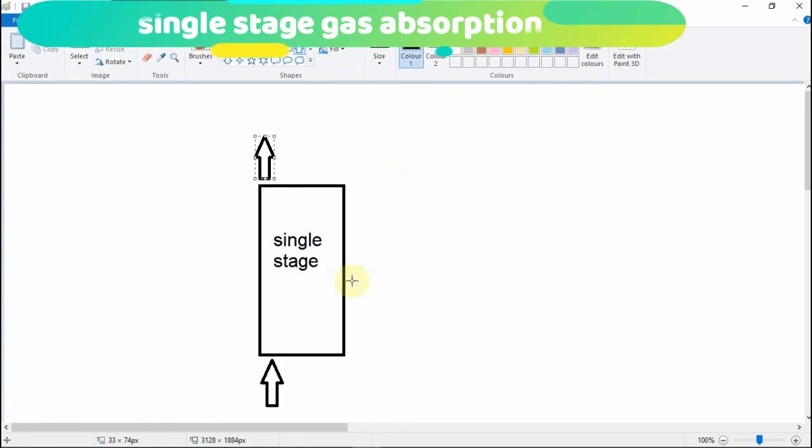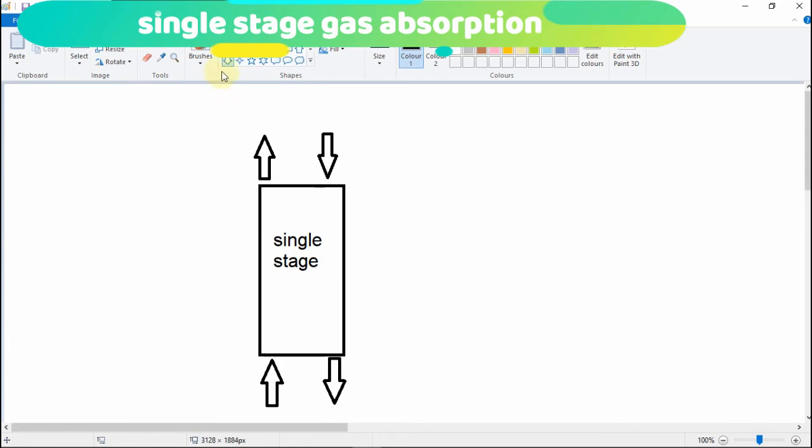Gas normally flows from bottom to top, and the liquid flows from top to bottom. Based on this direction, it is a counter current mode of operation because of the difference in direction of gas and liquid flows into the column.